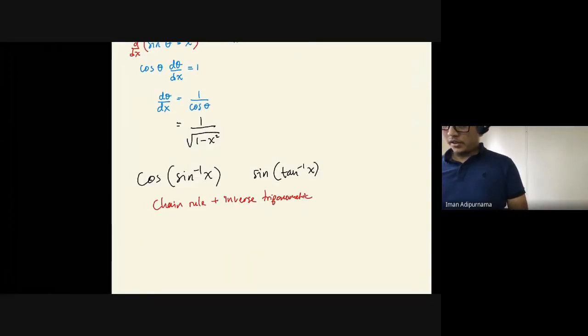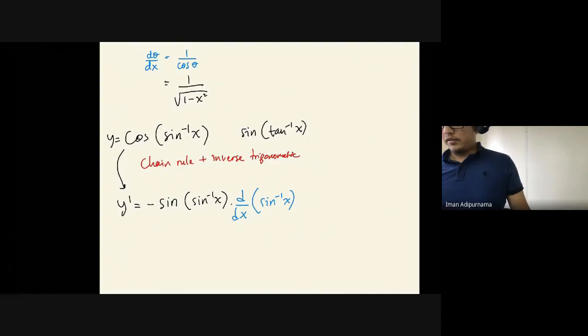For example, for cos, you know the cosine derivative is minus sine, right? So if this is y, then y prime will be negative sine of all of this, multiplied with d/dx of the sine inverse, and you need to define the sine inverse.